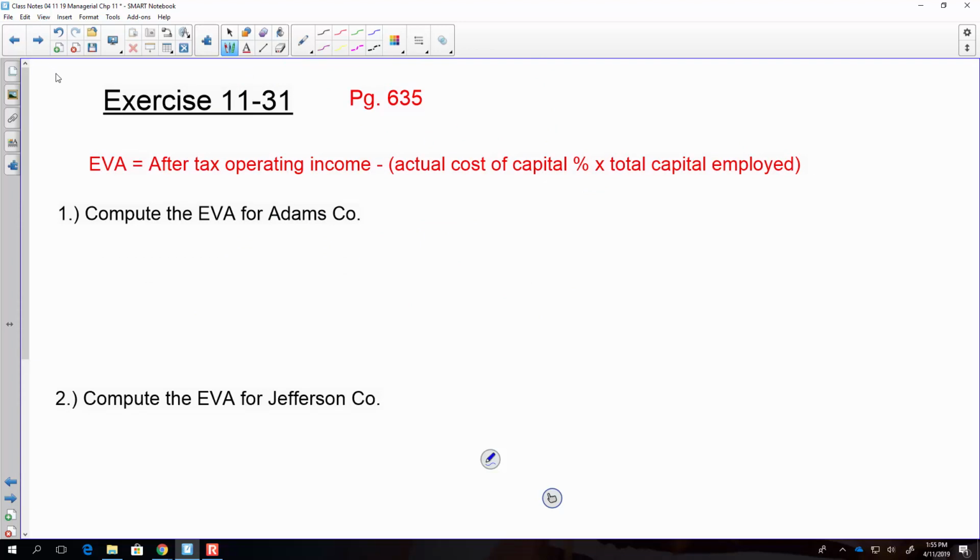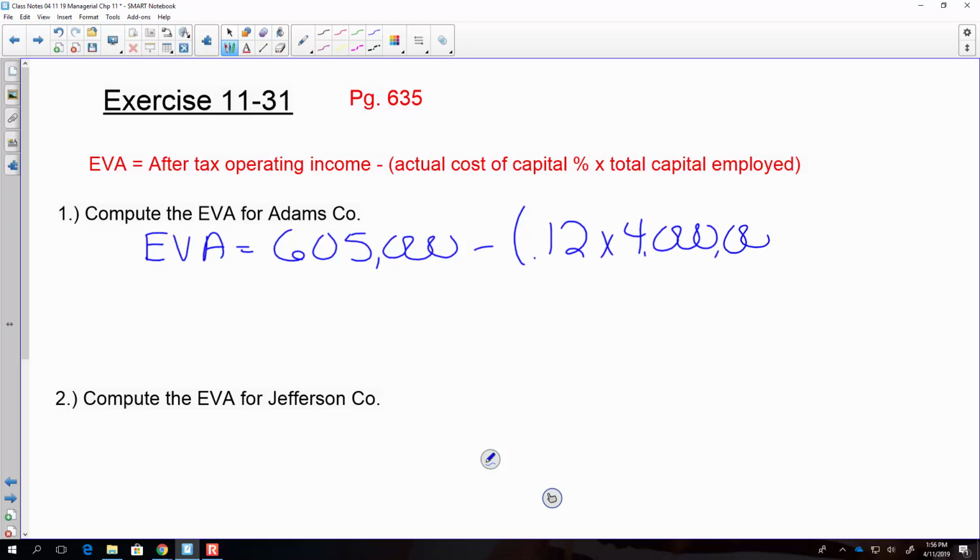Another way we can use EVA is for analysis. So let's do 31 quickly here and use the numbers provided for Adams and Jefferson. Let's start with Adams. We're at 605 for the after-tax income, minus 12% cost of capital on $4 million. I believe that's 480,000.